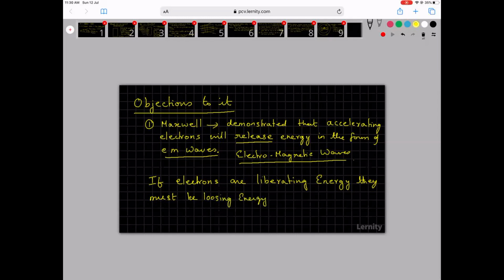If they are losing energy, that means their energy must be decreasing. So after some time it must become zero. Once it becomes zero, the nucleus will gobble it up. Why? Because the nucleus is positively charged, it will pull the electron towards itself. But the electrons are still there rotating. It doesn't happen. So this was the prime objection given to Rutherford's model.